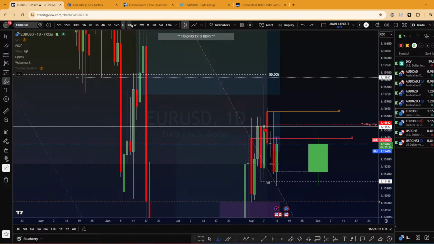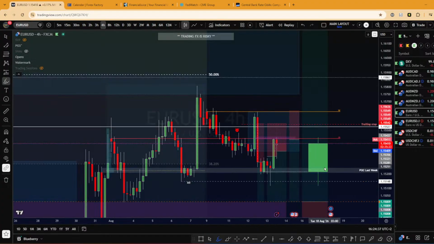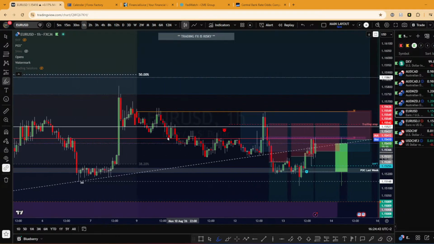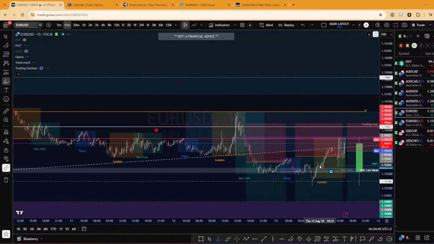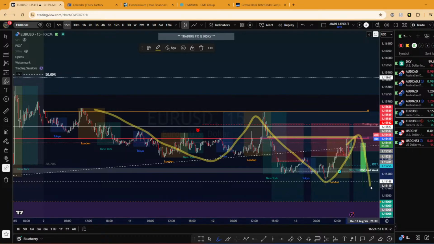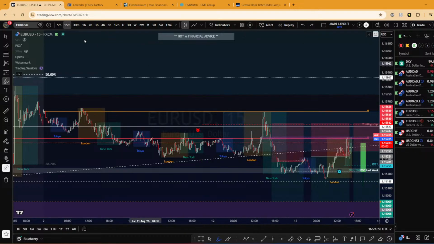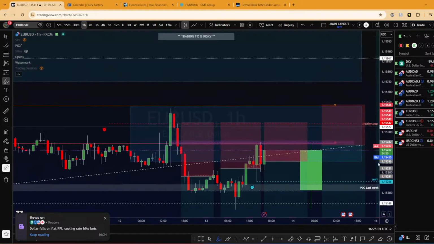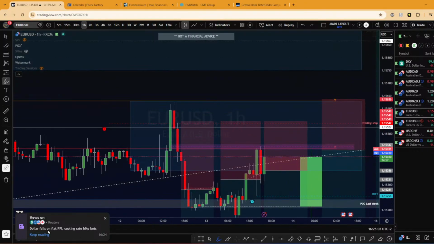Yeah, let's go on 4 hour. I don't really like what I'm seeing on Euro USD right now. On lower time frame, yes, the trend for me is bearish, you see. This is the trend, so I want to see rejection, something like that. But if I zoom in, yes, dollar falls on flat PPI, cooling rate hike bets.